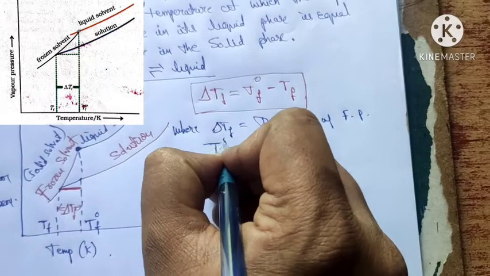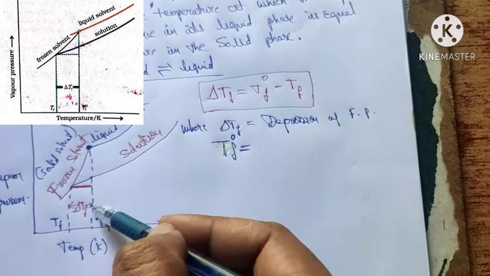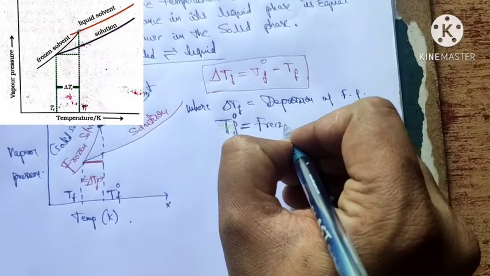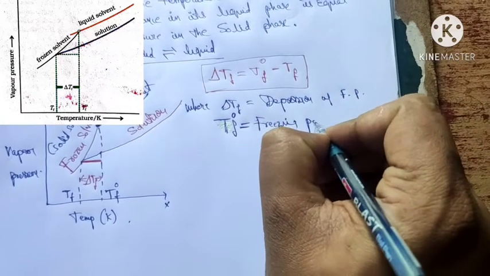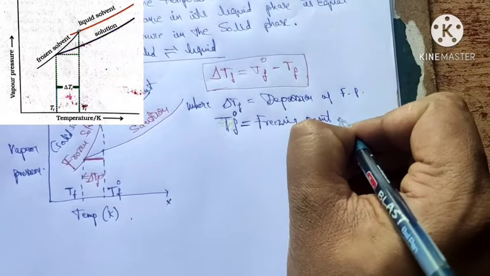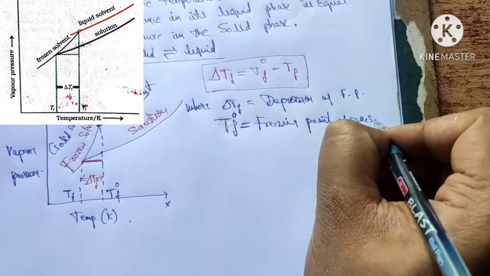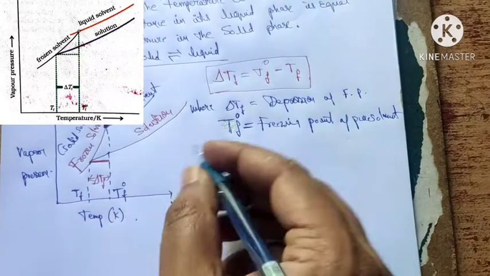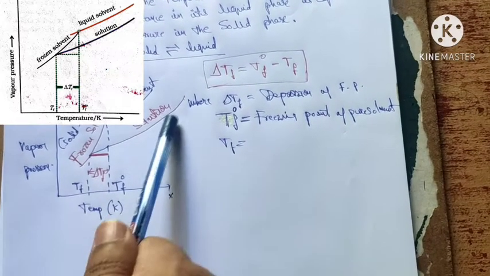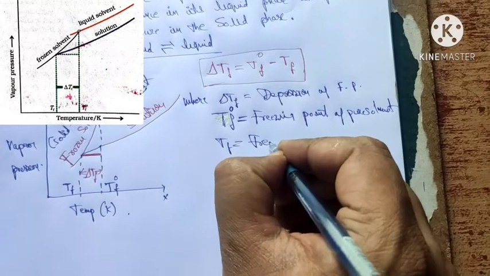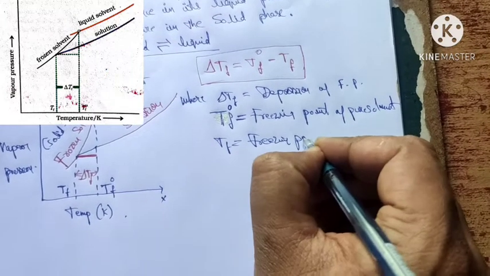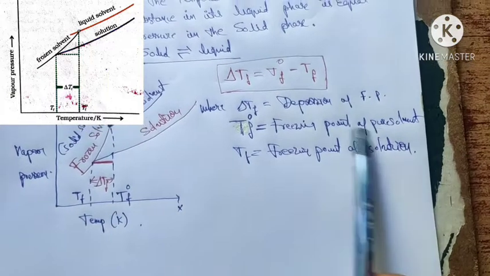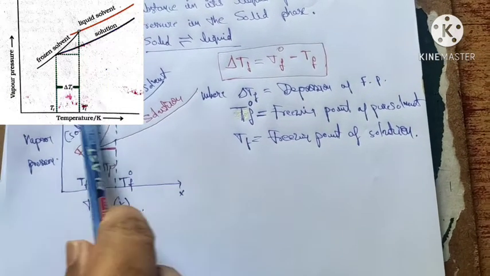T naught F is the freezing point of pure solvent. TF is the freezing point of solution. Okay students, understand this graph clearly.